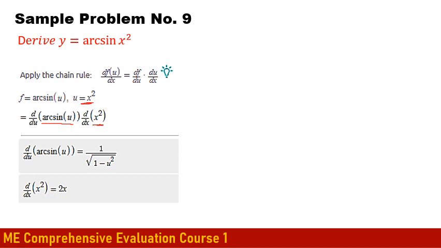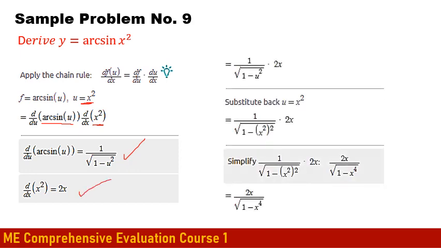So the derivative of arc sine of u is 1 over the square root of 1 minus u squared. For the derivative of x squared, that is equal to 2x. So putting this value in the working equation, we will obtain this. And putting back the value of x squared, simplifying it, we will obtain 2x over the square root of 1 minus x to the power of 4.